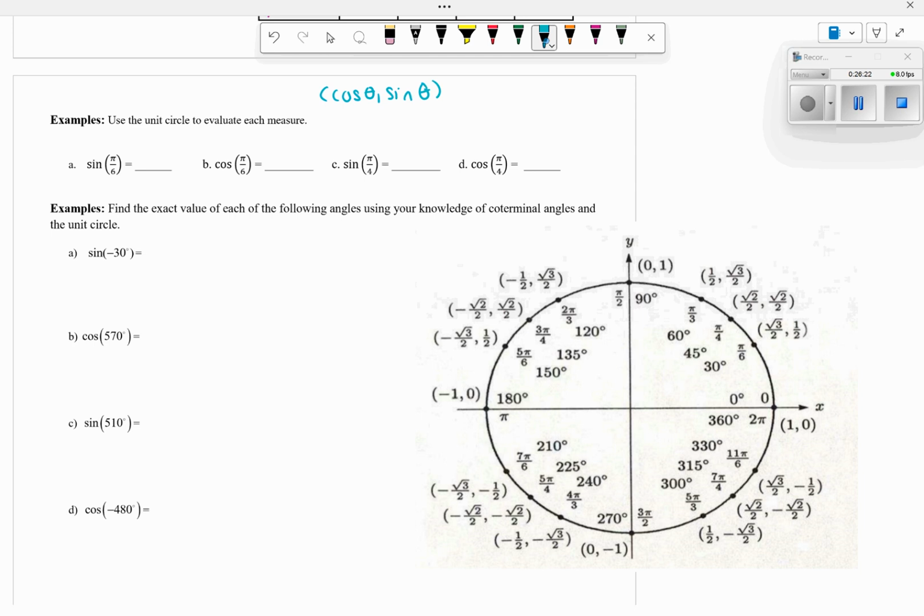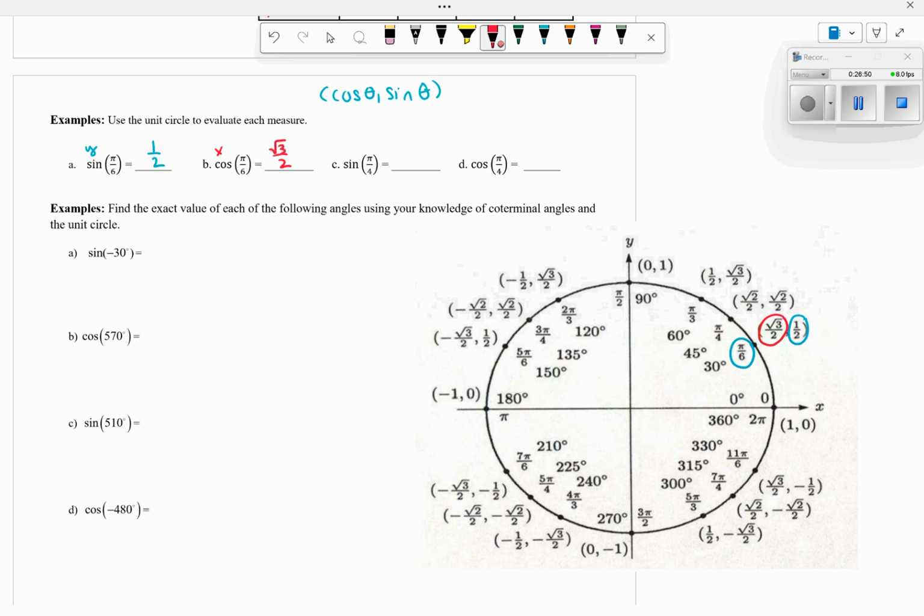So if I want the sine of pi over 6, I need to figure out where pi over 6 is. It's right here on my circle. The sine is the y coordinate, so the y coordinate is 1/2. The cosine of pi over 6 would be the x coordinate, which is root 3 over 2. And that comes from our right triangles. We're just not drawing the triangle, but you can always draw the triangle if you need to.